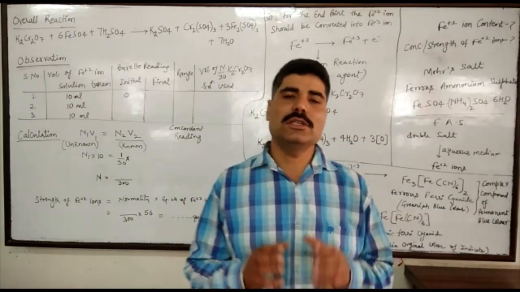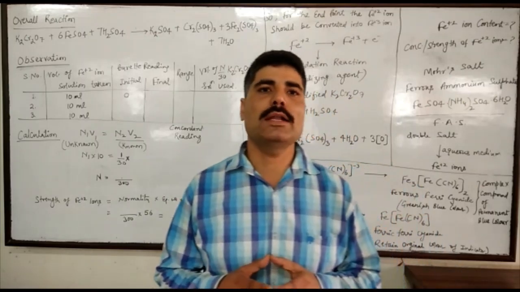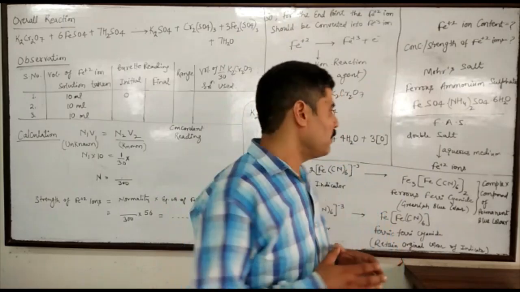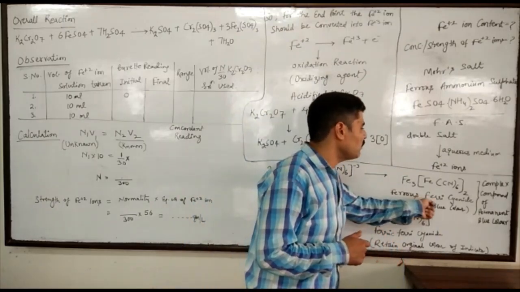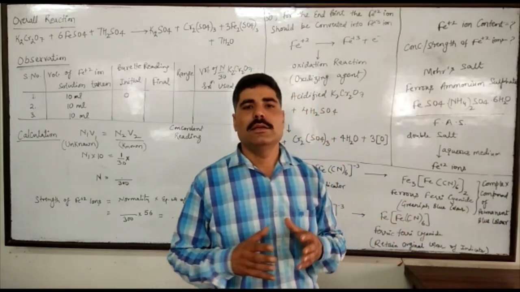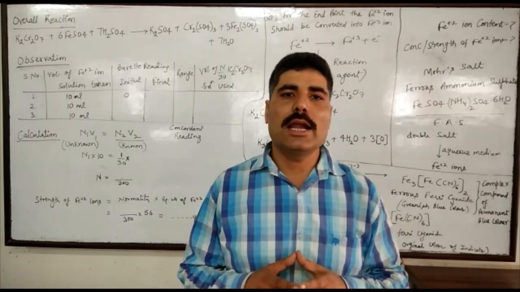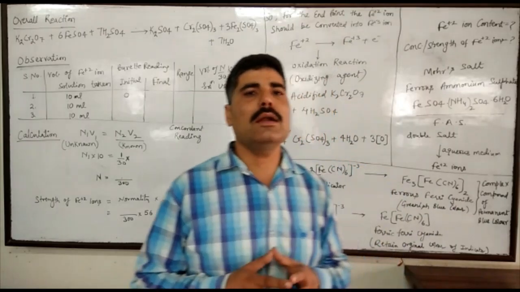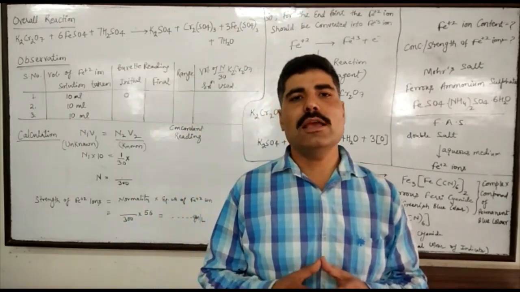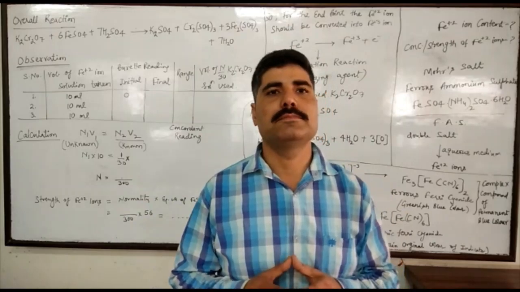And if we add this indicator internally into the conical flask, which already has Fe+2 ion, then it means the conical flask has the compound ferrous ferricyanide of permanent blue color, and it means we won't get the end point of the titration. To get the end point of the titration, we are using this indicator externally on a piece of paper or on a piece of tile.